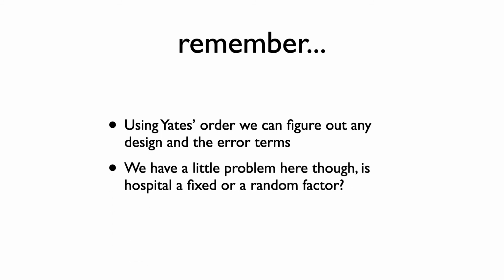Got a little problem here. And it's a problem I'm just going to leave hanging there because there's not a lot I can do about it. But are hospitals a fixed factor or a random factor? I think they're a random factor. They're kind of like subjects.